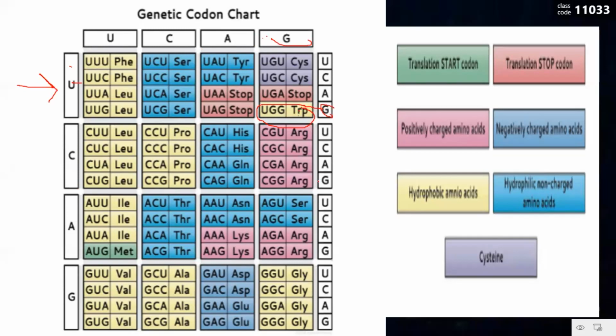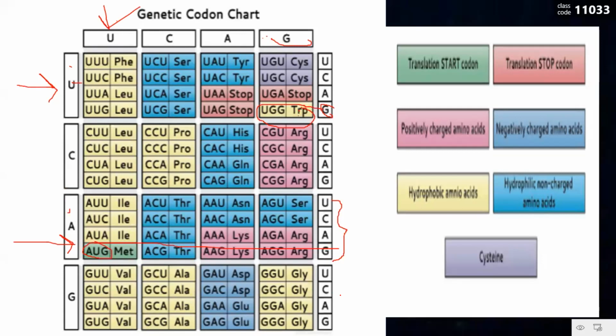O halimbawa naman yung methionine. Nasaan siya? Nasa A. A, then nasang block, nasa U. A, U, tapos ito may apat tayo na separates, 'di ba? A, U, G. Kaya AUG yung methionine natin.